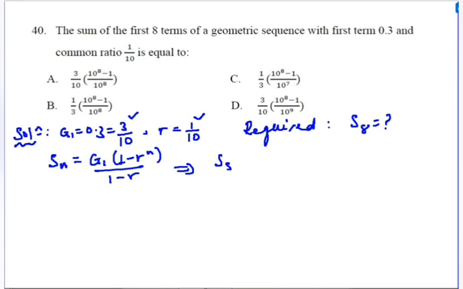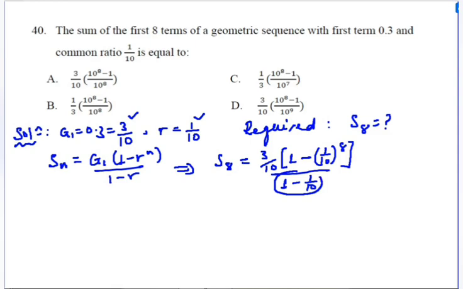Therefore, the sum of the first 8 terms is equal to the first term G1, which is already known, 3/10, times (1 minus (1/10) to the power of 8) over (1 minus r). Okay, so 1 minus 1/10 is 9/10.